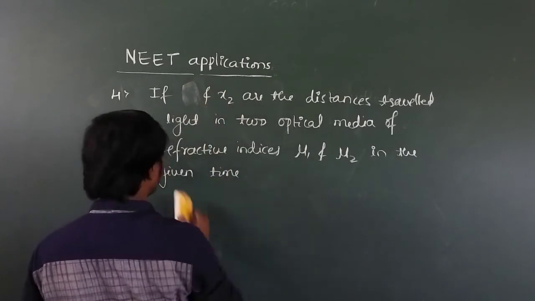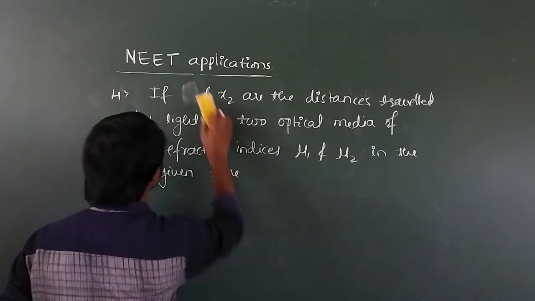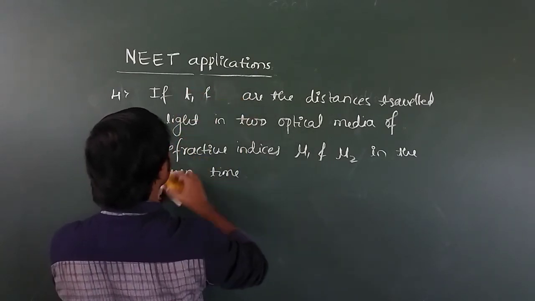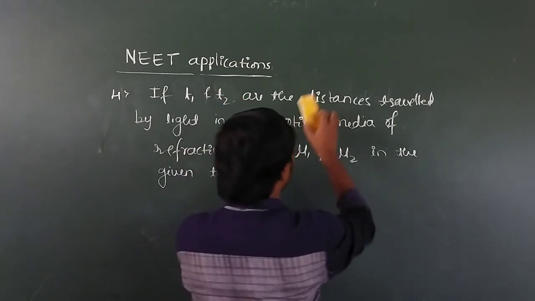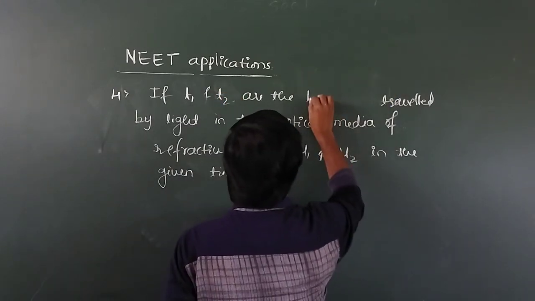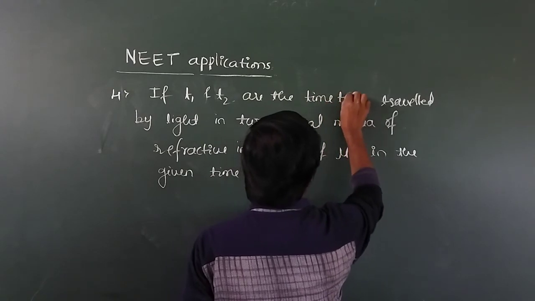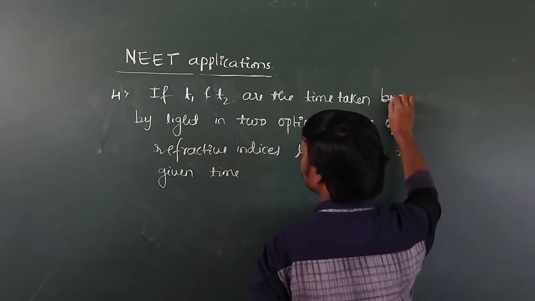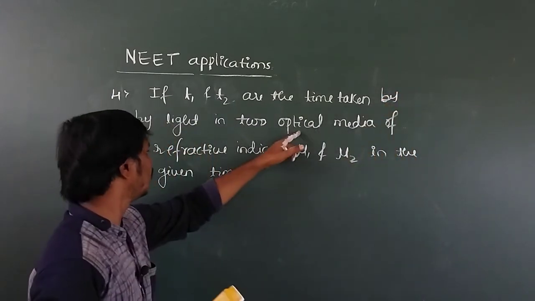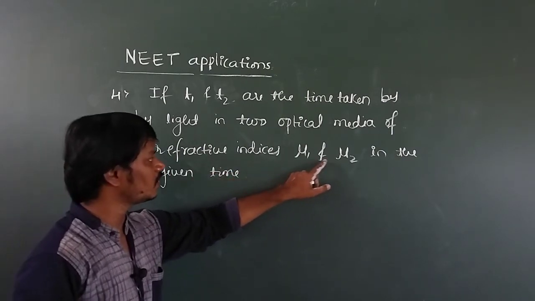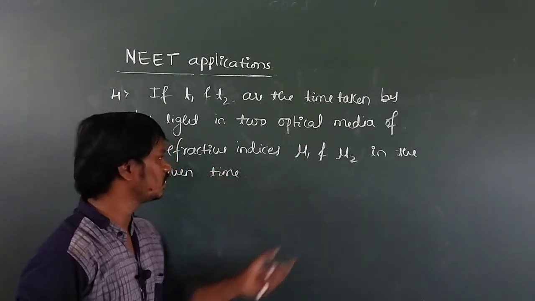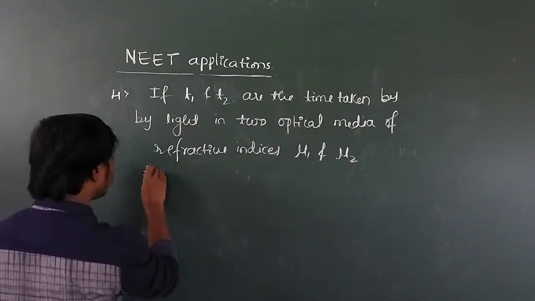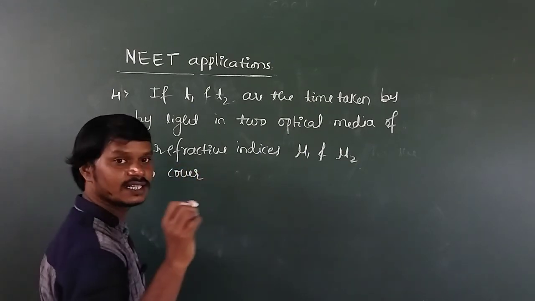If t1 and t2 are the times taken by the light in two optical media of refractive indices mu1 and mu2 to cover the same distance, or to travel the same distance.